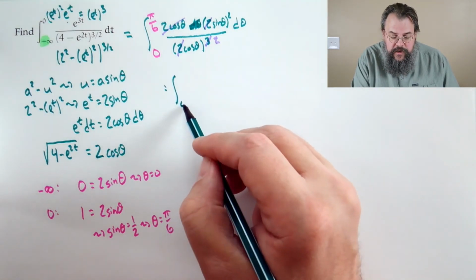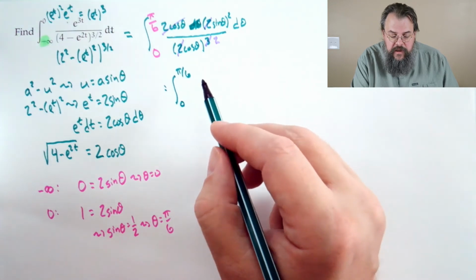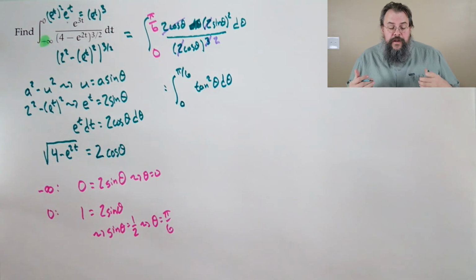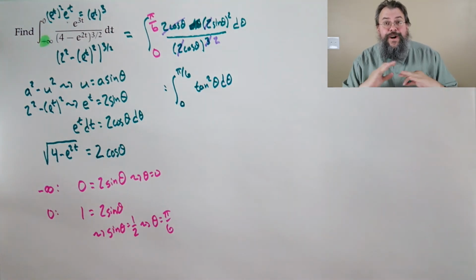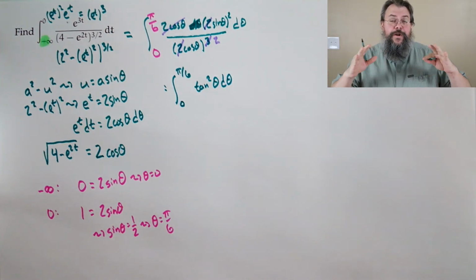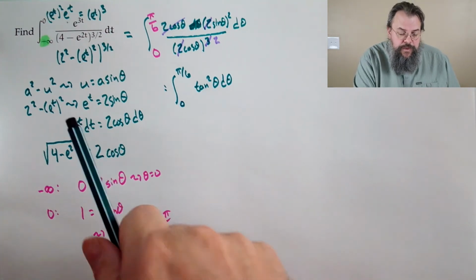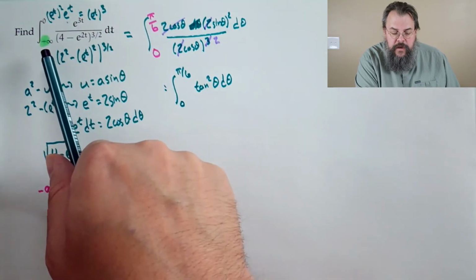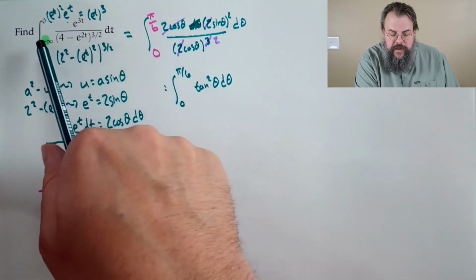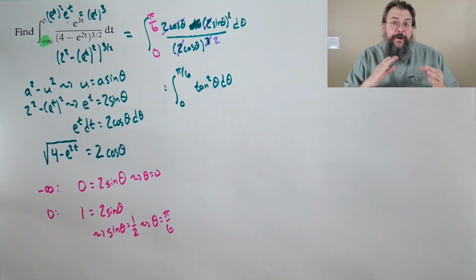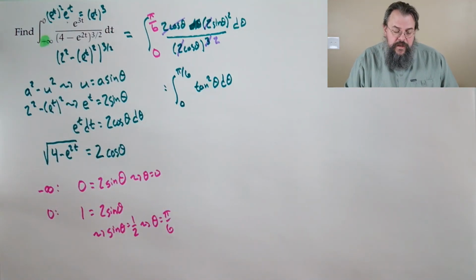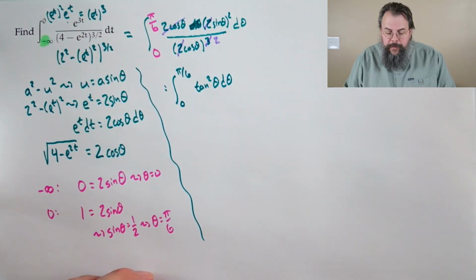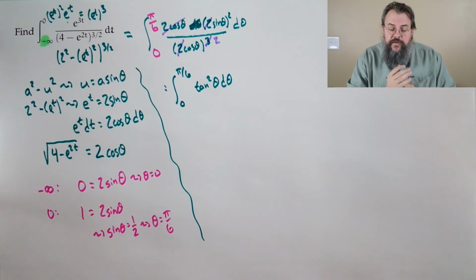We end up with the integral from 0 to pi over 6 of tangent squared. Now, at this point, you'll notice it's no longer improper. See, the improperness went away when we changed our bound. So the improperness was handled when we talked about what happens when we go from negative infinity to 0. There we go. That's how we handled the improperness. It wasn't done like we're going to pretend nothing happens. No, we paid attention.